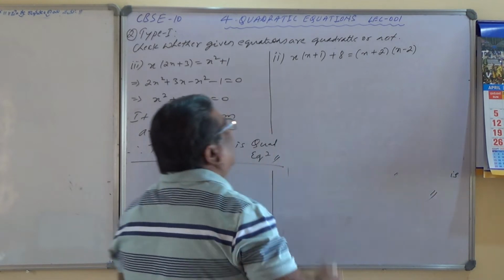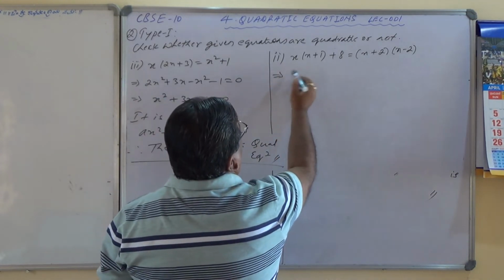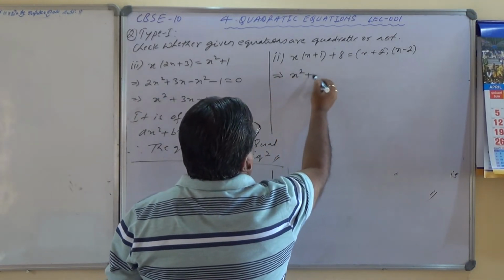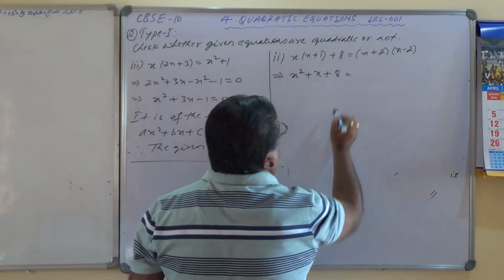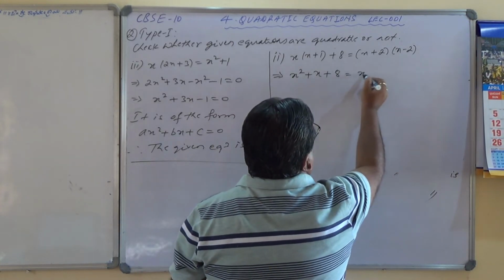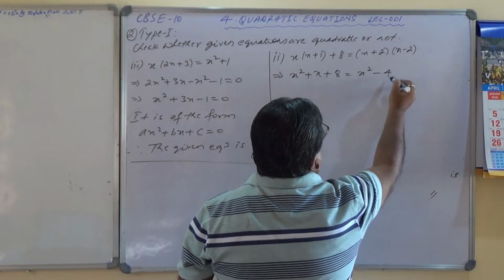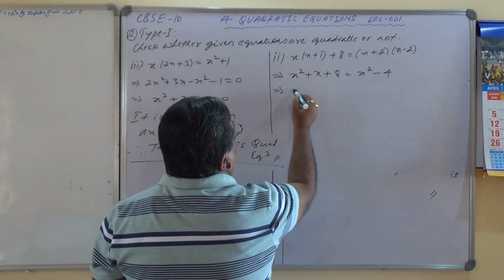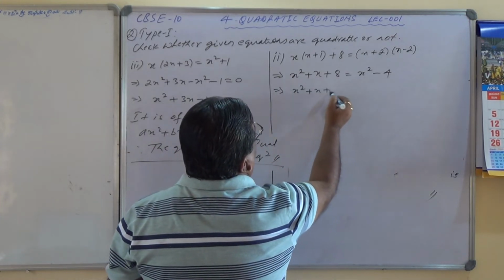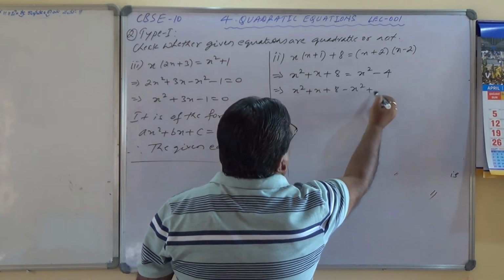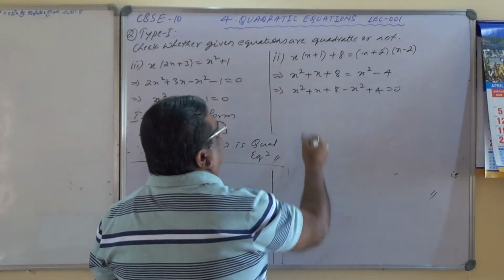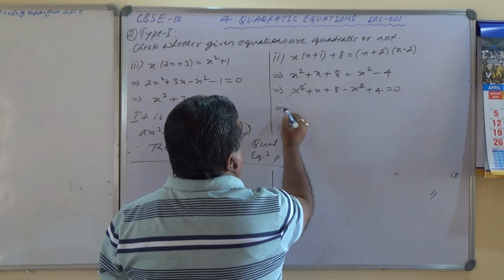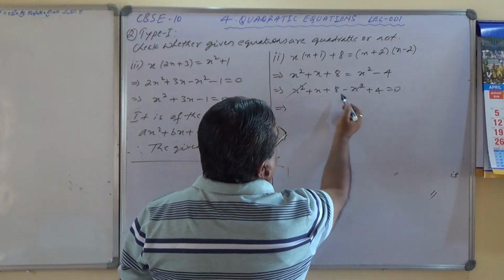Let's see here. So implies x into x, x square plus x plus 8 equals (a plus b) into (a minus b), first term square minus second term square: x square plus x plus 8 minus x square plus 4 equals 0, plus x square minus x square.